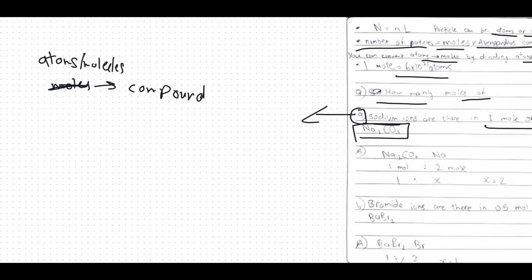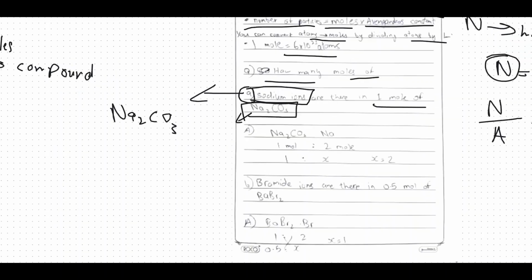They'll give you the empirical formula. Empirical formula is basically the number of all of the elements in the compound. So I have Na2CO3. They're asking me how many sodium ions are there in 1 mole of Na2CO3, sodium carbonate. So 1 mole of Na2CO3.